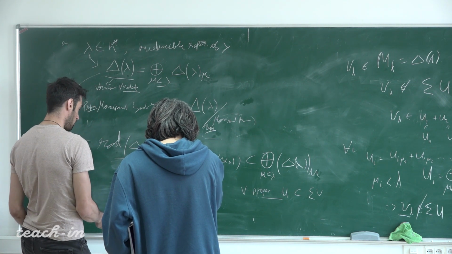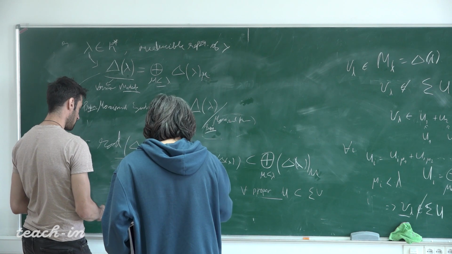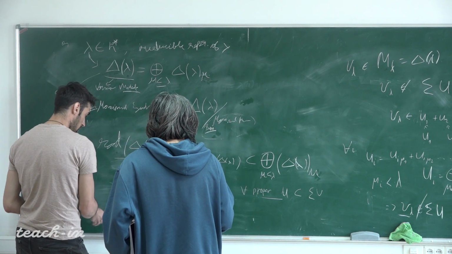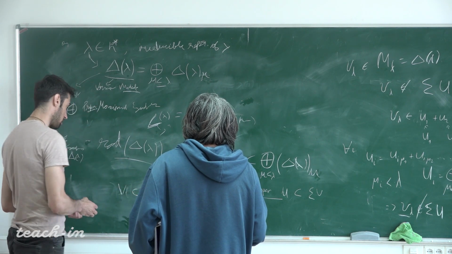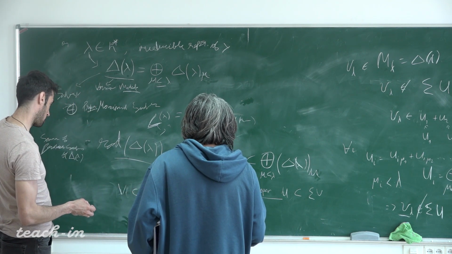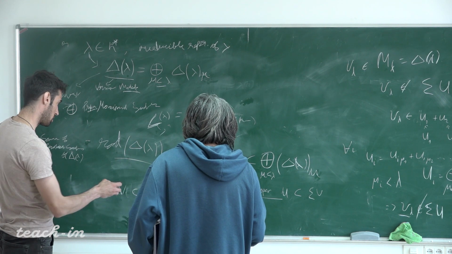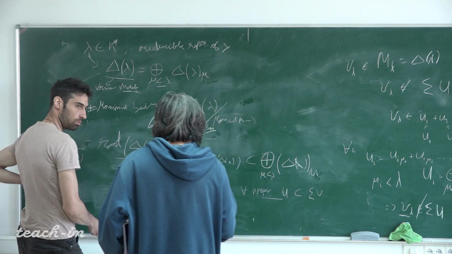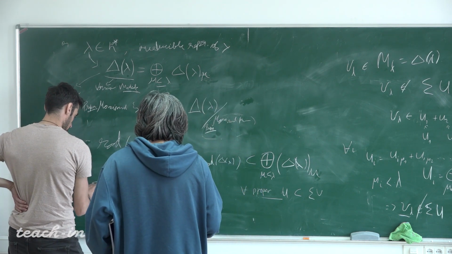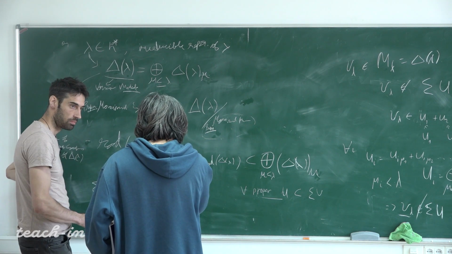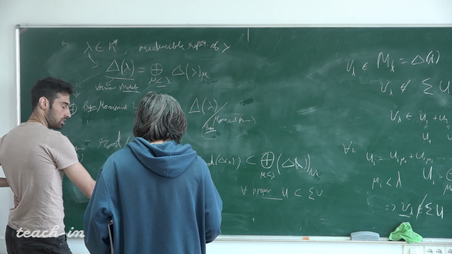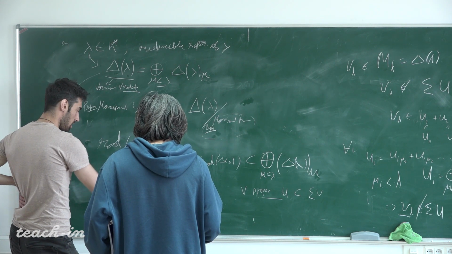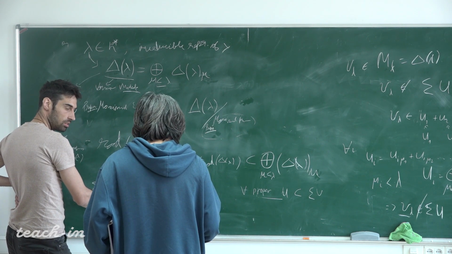Another way to say that: suppose you have W, and V is our sum. We would like to see that if we found some W like that, it's either M lambda or V.